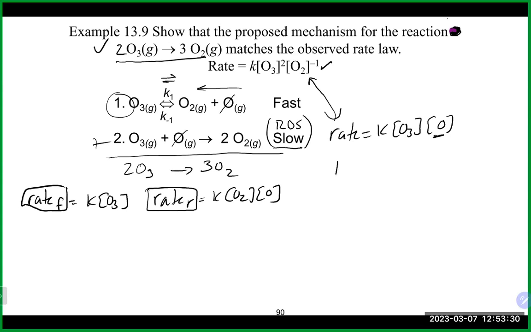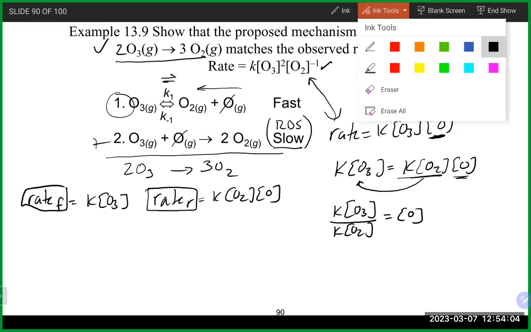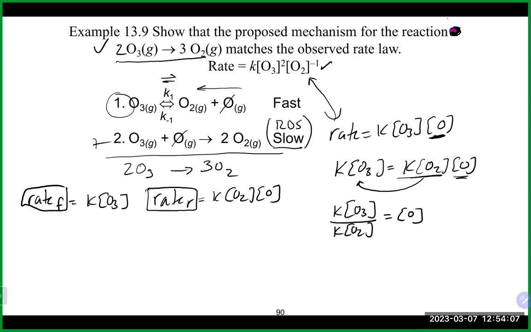That gives us k times [O3] equals k times [O2] times [O]. At this point, we want to solve for [O], as that's what we want to substitute out. So we divide by the other side, which gives us k times [O3] divided by k times [O2] equals [O], the concentration of O. Any questions on that so far?